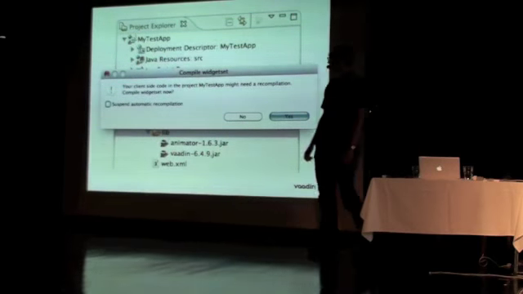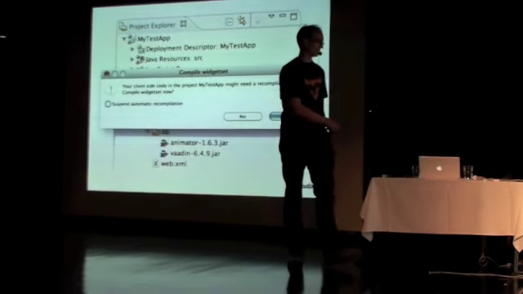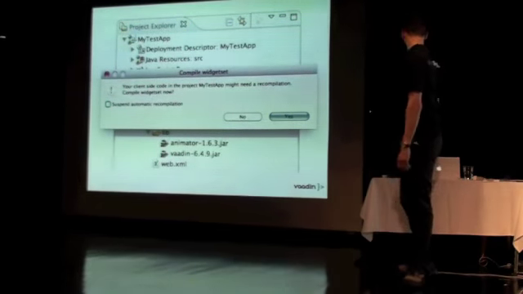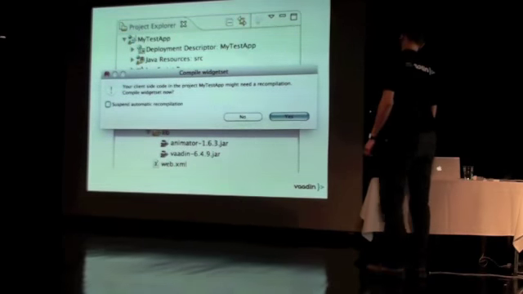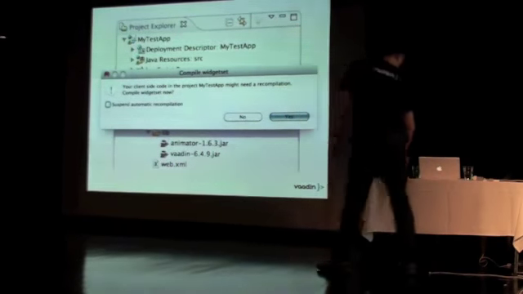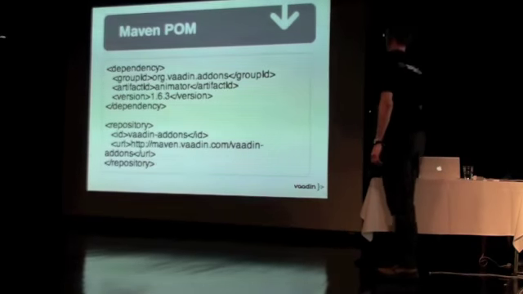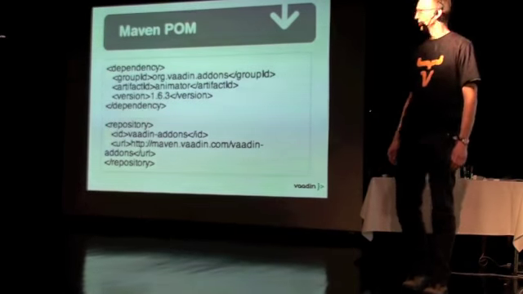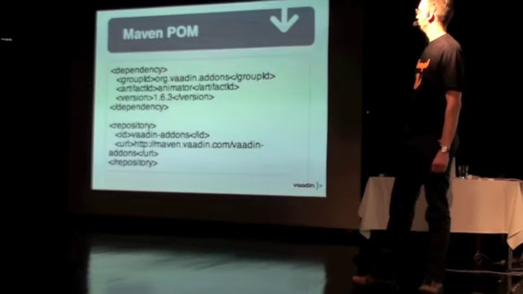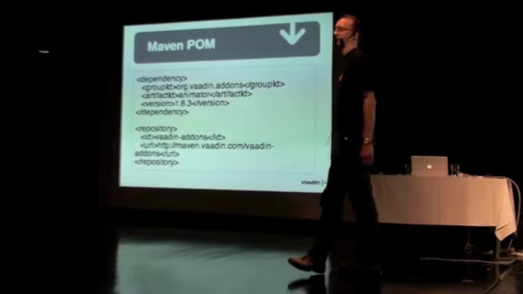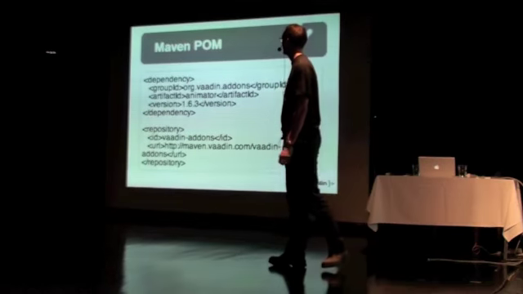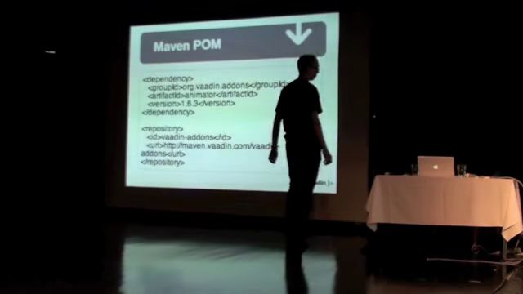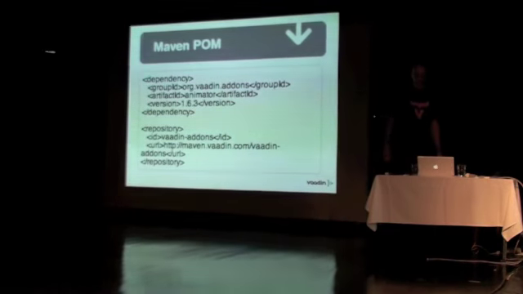Now everybody is obviously not using Eclipse, so we made a lot of other integrations as well. We now have support for Maven in the directory. If you want to use an add-on in your Maven project, all you have to do is copy the dependency information from the directory, add it to your Maven project, and once again you recompile the widget set and you're ready to go.